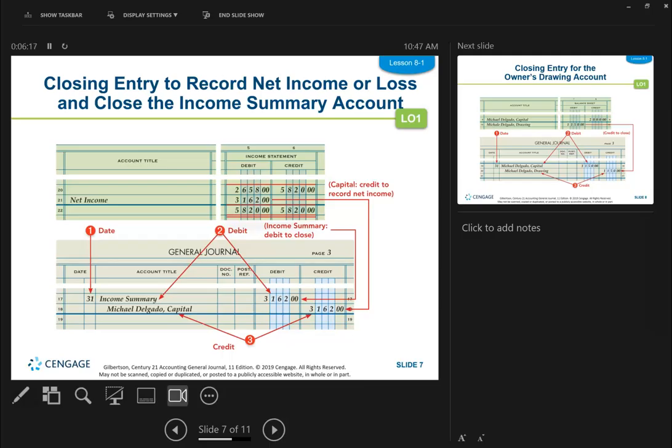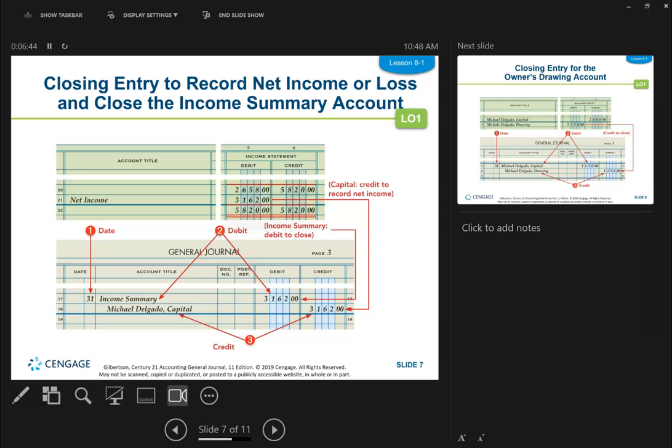The third step is to take the net profit and move that into the owner's capital account, right? That's basically their bank account for the business. We had our expenses, and we had our income from the sales.